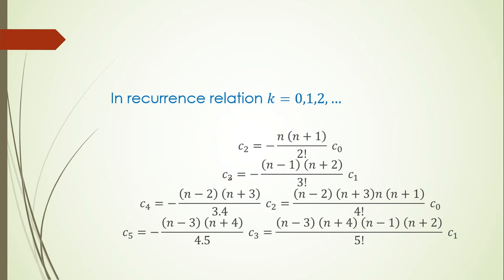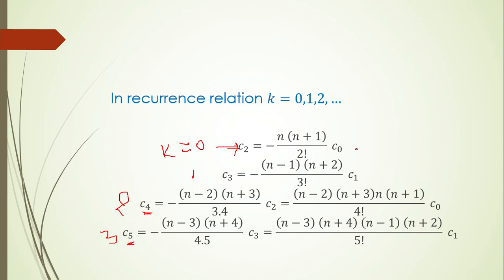For k is equal to 0, we get c2. K is equal to 1, we get c3. K is equal to 2, we get c4. For k is equal to 3, we get c5.